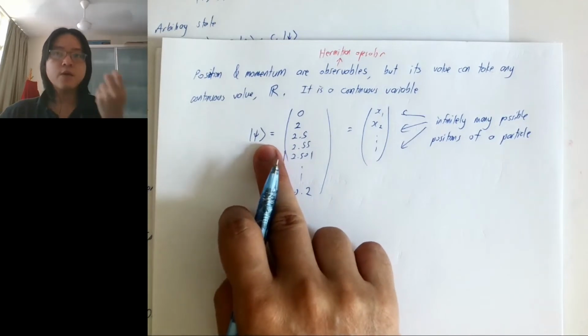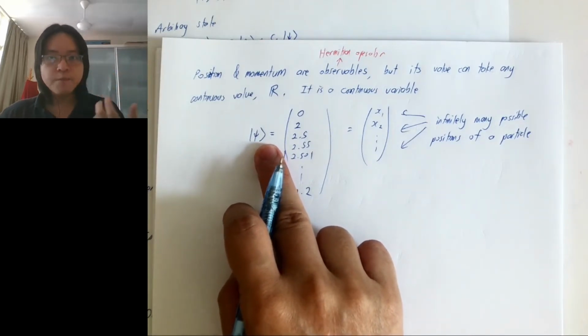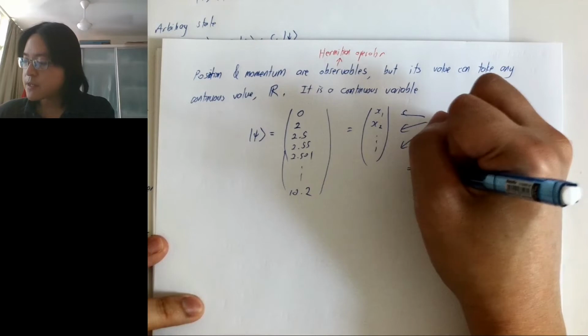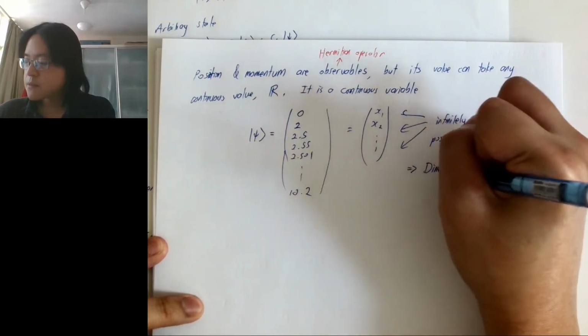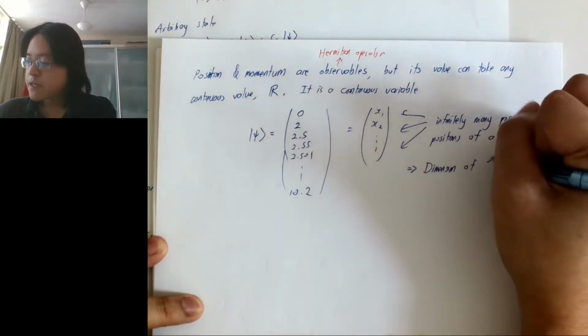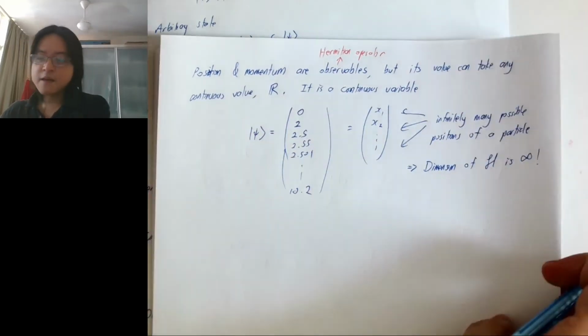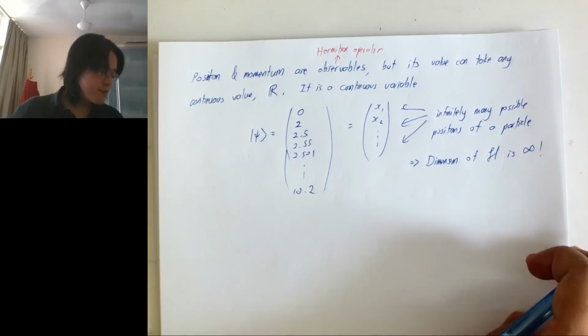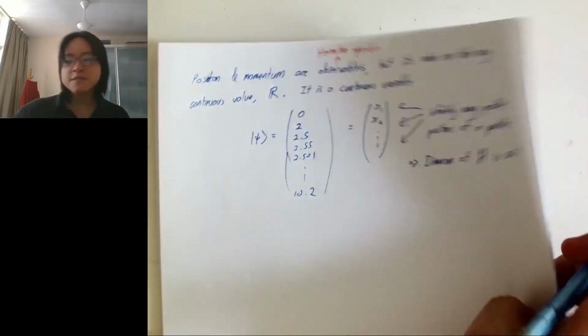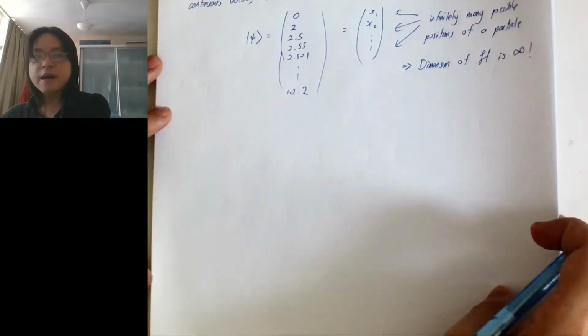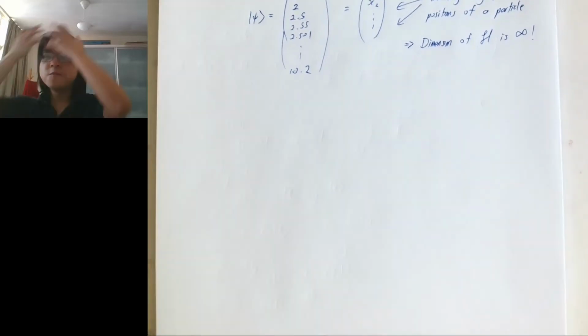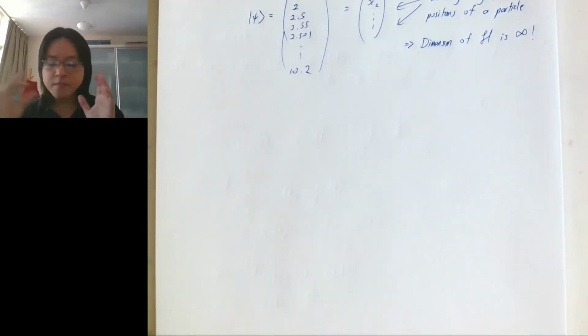A particle is a quantum state, and it should occupy a Hilbert space. So therefore, the dimension of my Hilbert space is infinity. So this is the problem that we want to deal with for today. Okay, so this is the issue. So now how do we handle this? So we try to do it carefully, one by one.